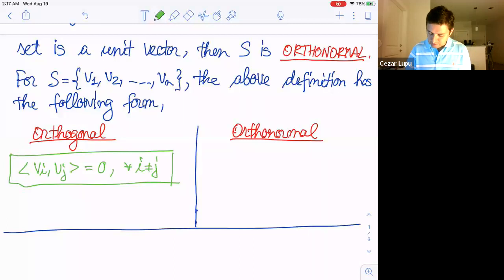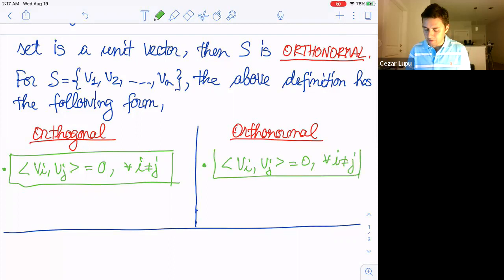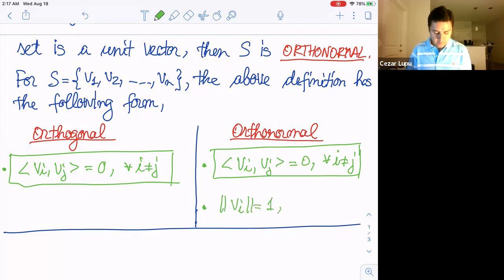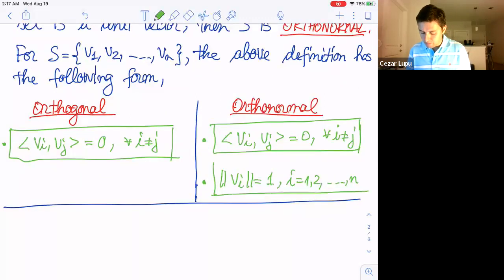Again, the first one is the same: the inner product between Vi and Vj is 0 for all i different than j. As you can see, this is the same condition as for orthogonality, but there is one extra condition, and that is that the length of Vi is 1 for all i from 1 to n. So each vector has length 1, and this is what it means for a set S to be orthonormal. So they need to satisfy those two conditions.